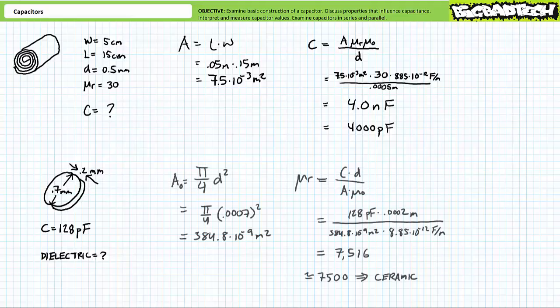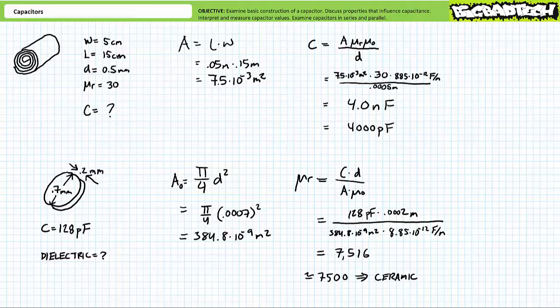I don't like this any more than you, but we're stuck with it, so we may as well get used to it. Moving on. For our second example, we've been asked to solve for the dielectric substance between the plates for a 128 picofarad capacitor with known dimensions. An algebraic rearrangement of the capacitor construction formula, solving for relative permittivity, suggests that relative permittivity is equal to the capacitance times the distance divided by area times the permittivity of free space.